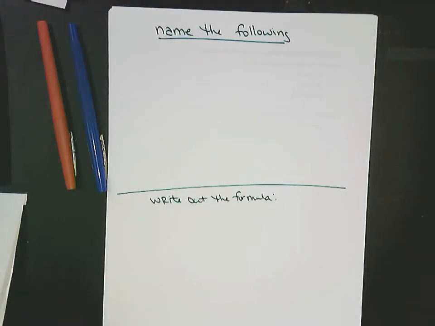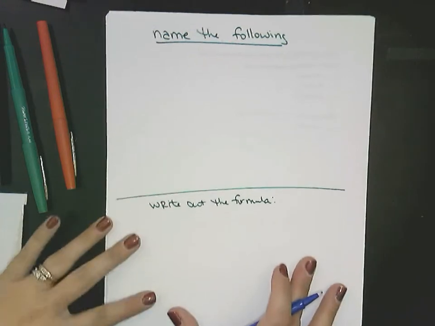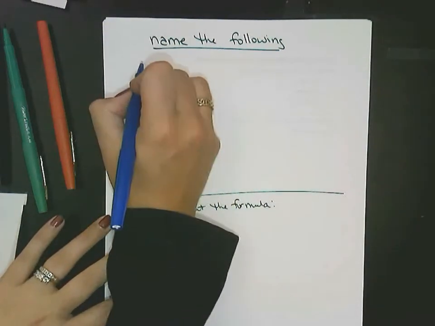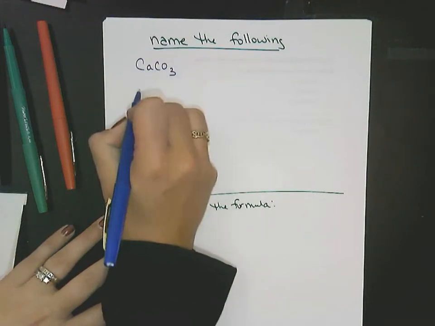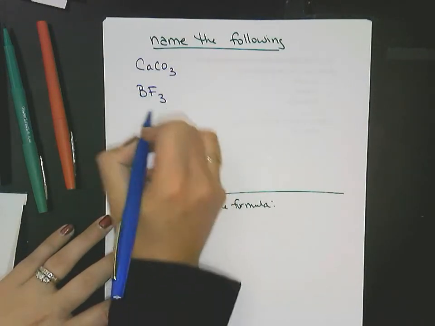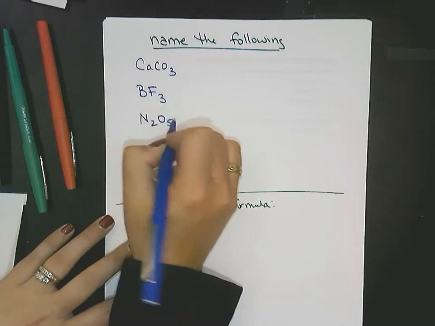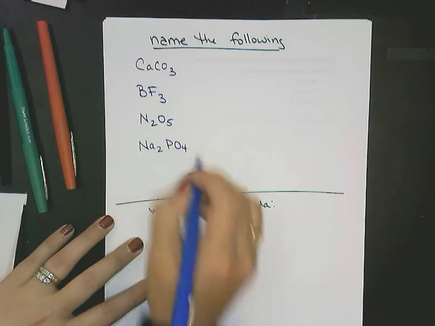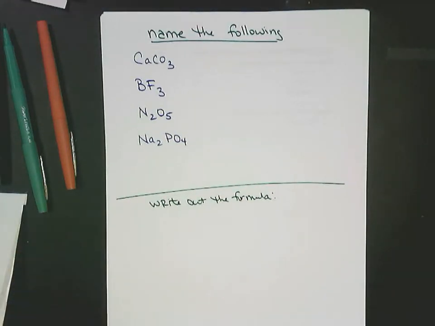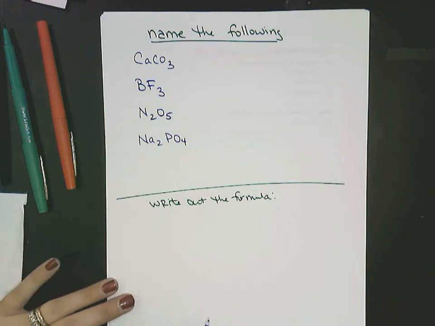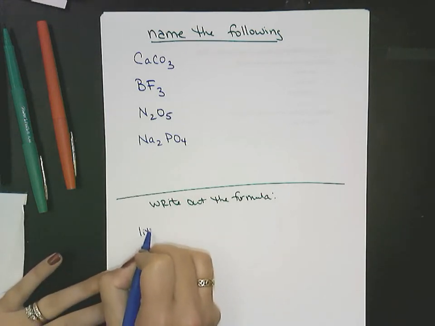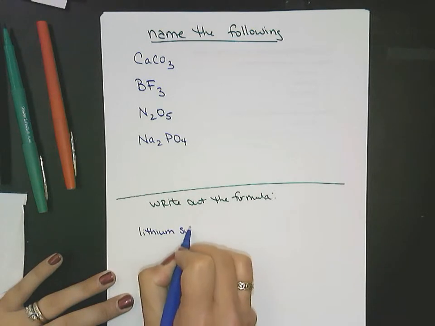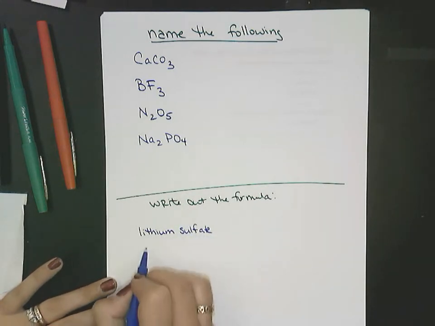So if I wanted you to name the following, let's see, how about we do that one, this one. Okay, we'll have those, and then for these down here. Oh, I forgot one up here. Hold on.